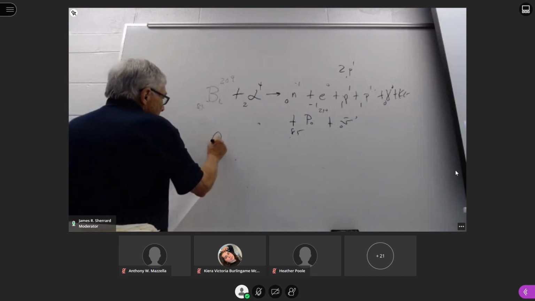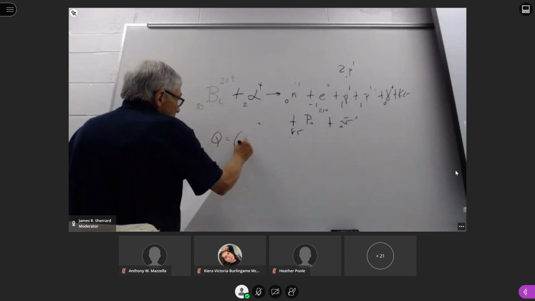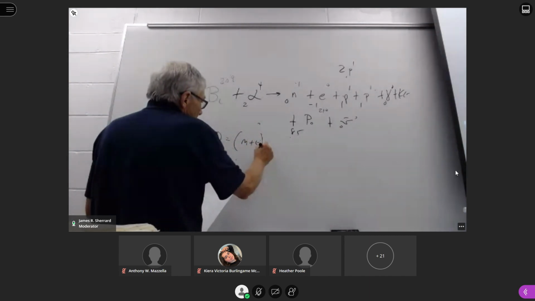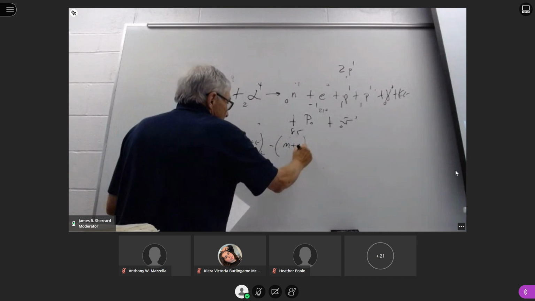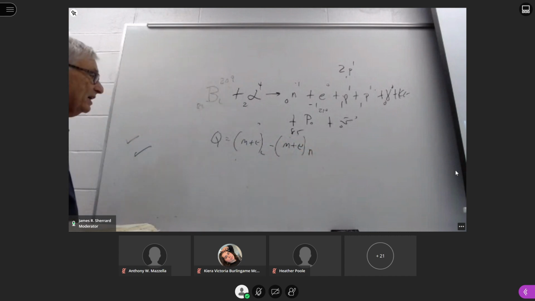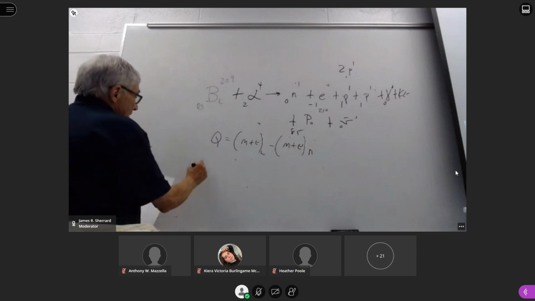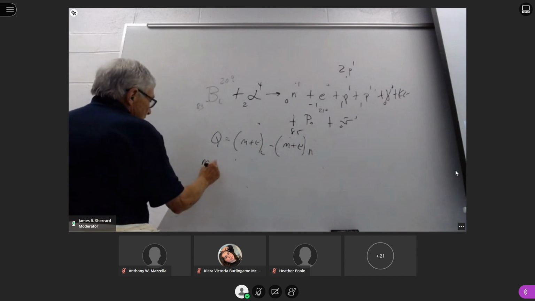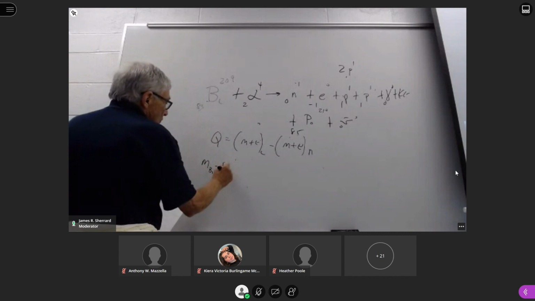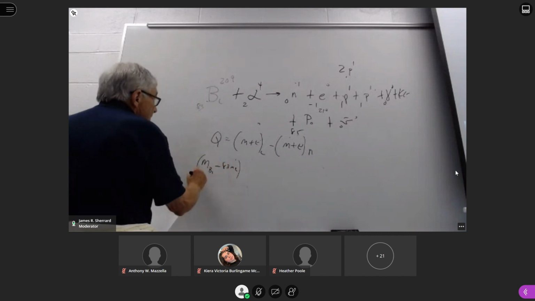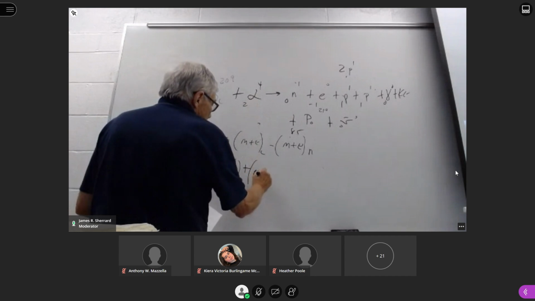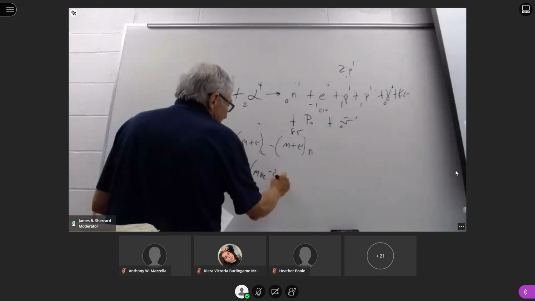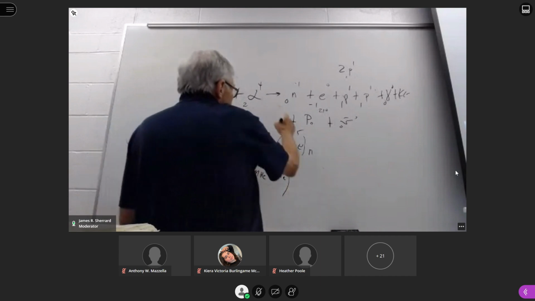I then asked you to find out if it could occur. So we can look at the mass and energy on the left minus the mass and energy on the right. So I have the mass of the bismuth minus 83 mass electrons plus, and alpha is the mass of the helium minus 2 mass electrons.